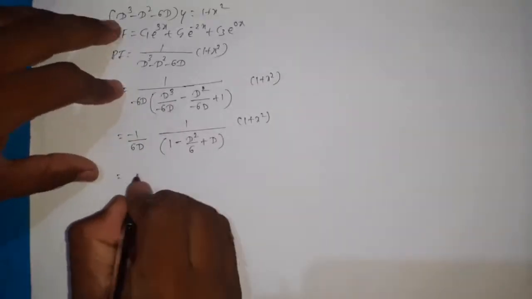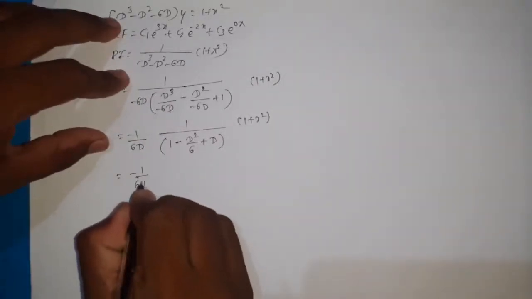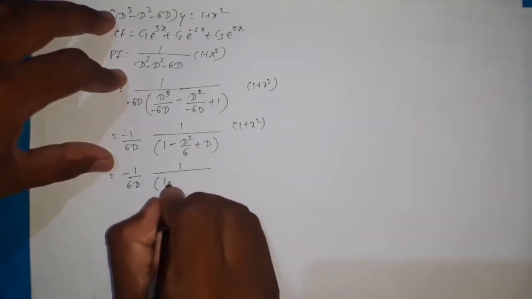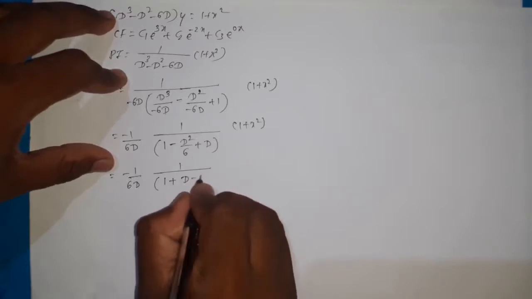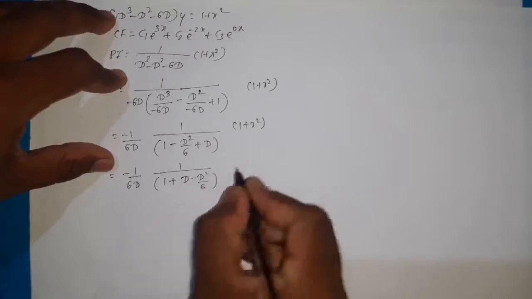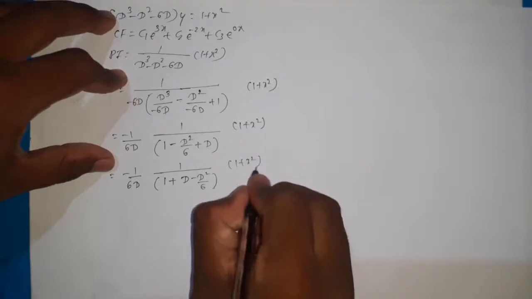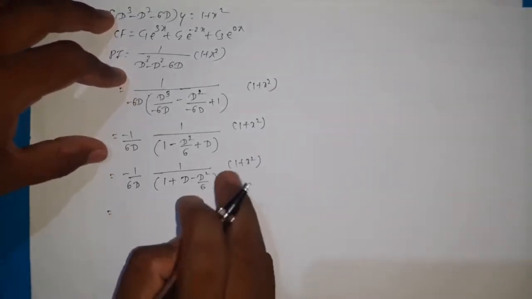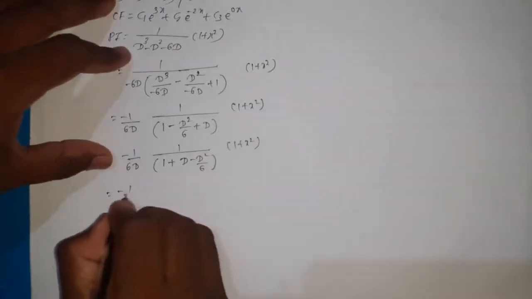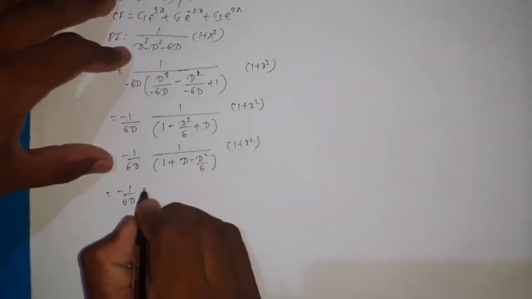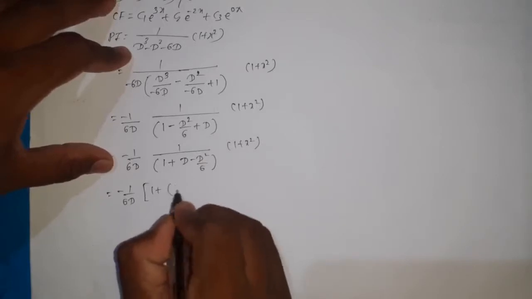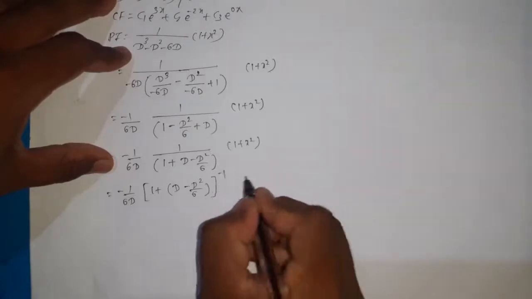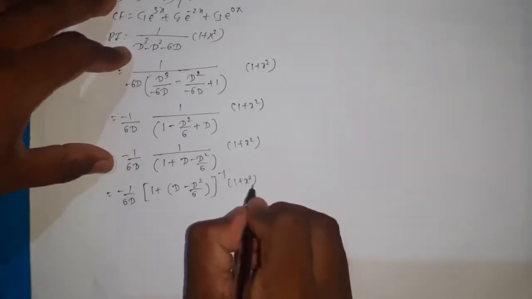So now this is minus 1 divided by 6D, 1 divided by 1 plus D minus D square by 6, 1 plus x square. Then this has to be written in the numerator, that is minus 1 divided by 6D into 1 plus D minus D square by 6 whole power minus 1, 1 plus x square.